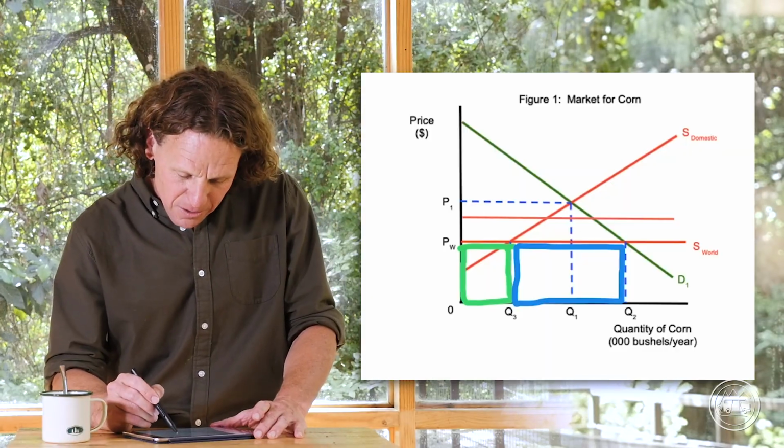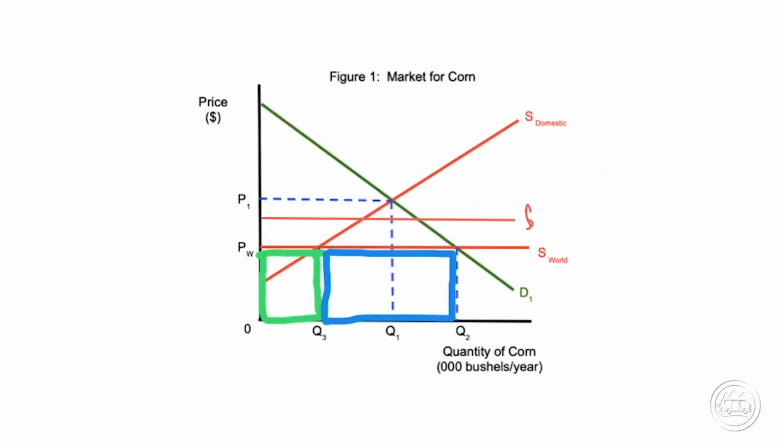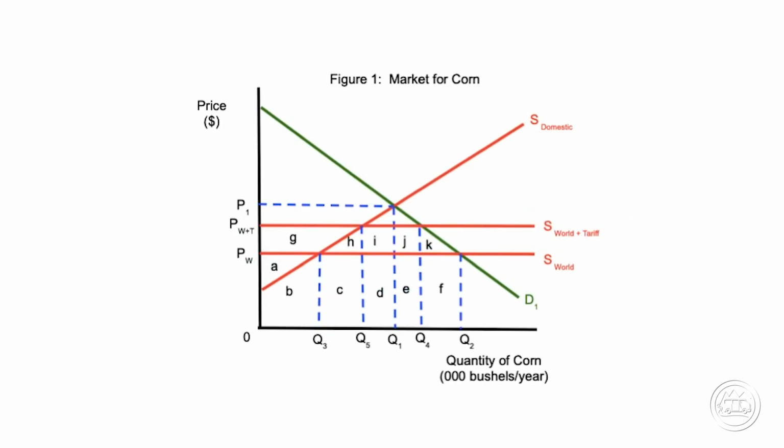This is SW, and the next slide is much clearer. SW plus the tariff, and we have a new price here of PW plus the tariff. Okay, so let me clean that up because that was absolutely horrible, and it looks like this. And there you have it.